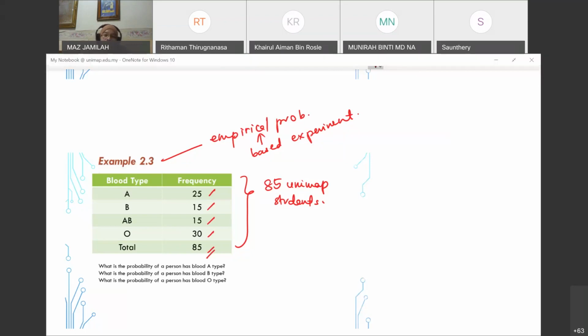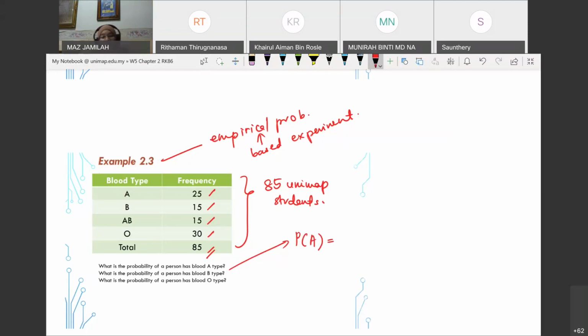Altogether 85. Now, the way empirical probability is obtained is almost similar to what classical probability does. But for empirical, it is more on the trial. So this is the one that I mentioned earlier. We have 85 students, so we ask one by one. For this particular question, what is the probability that a student will have blood type A?